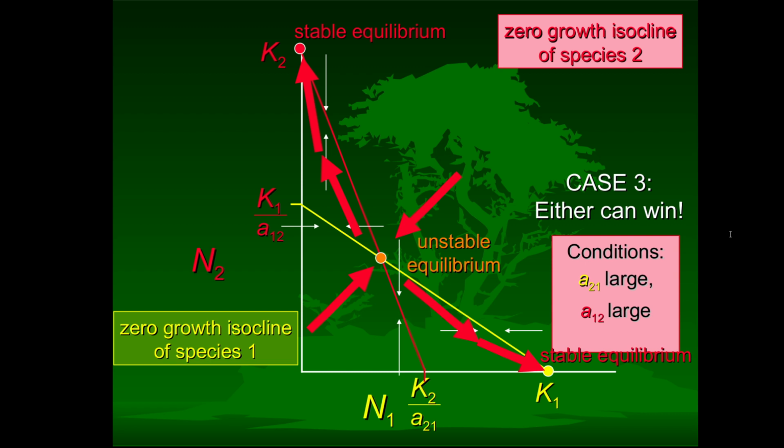So if a high value of N is allowed, then generally you can increase to a level that will shut out the other species, your competitor, by virtue of the fact that you're consuming that competitor's resource.